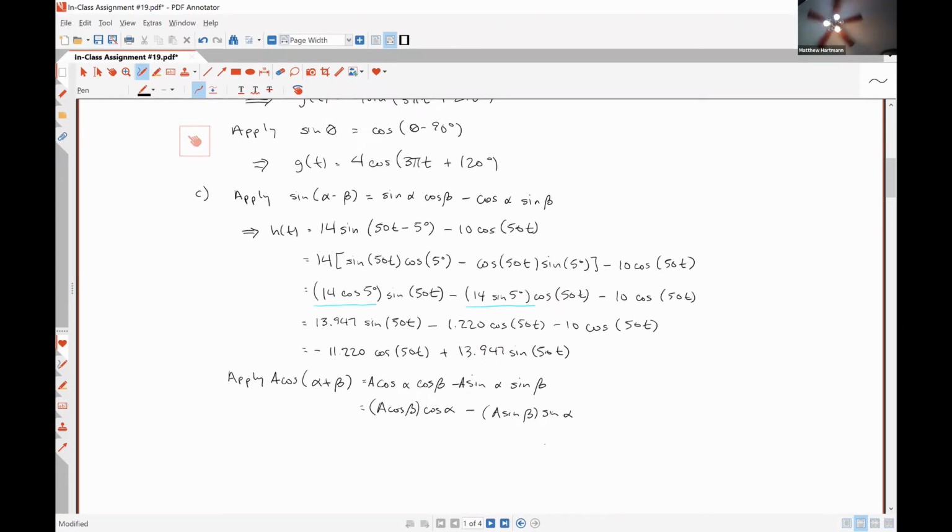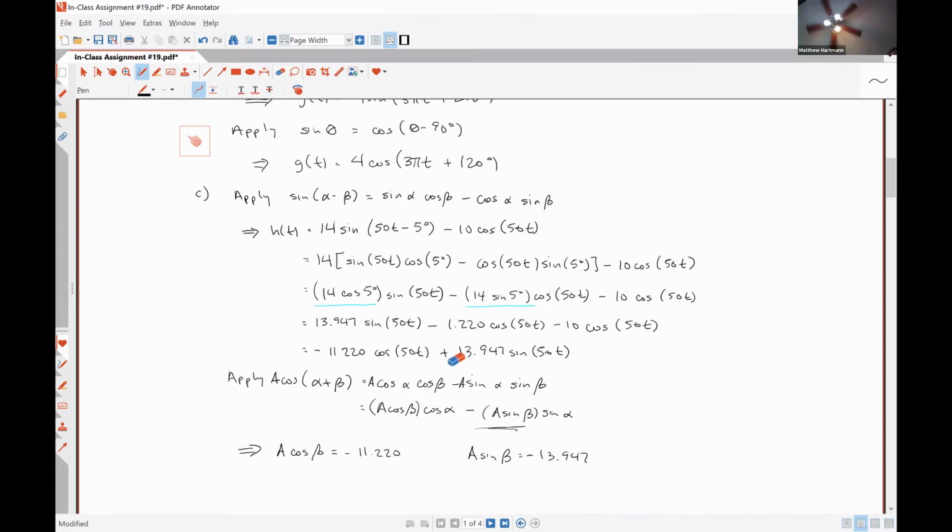So we have a cosine term and we have a sine term. So we can say that a cosine beta is equal to negative 11.220. And similarly, we can say that a sine beta is equal to negative 13.947, where that negative sign on the a sine beta comes from the part here where we are expecting a sine beta to be negative, but up here we have a positive sign.